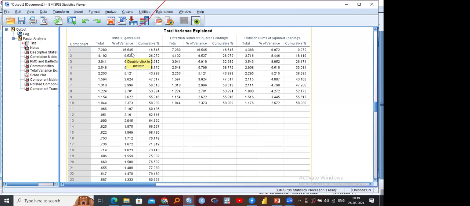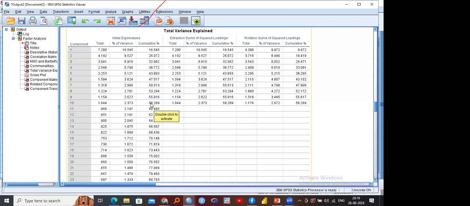The first component always explains maximum variation. Remember. So it is explaining 16%. Second, 9.5. Third, 6.9. Fourth, 5.7, and so on. So the 10th component is able to explain somewhere around 2.3% variation. So what is the total variation? If you see the third column here, it is showing you the cumulative percent.